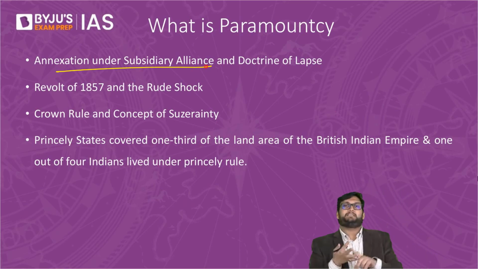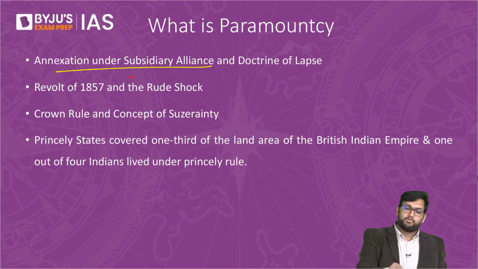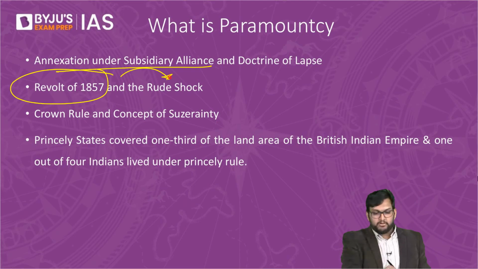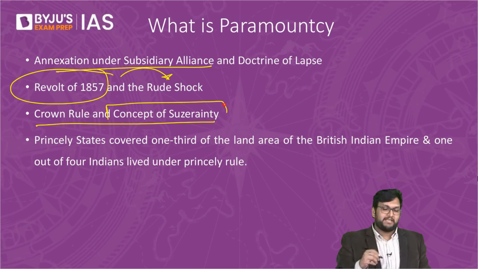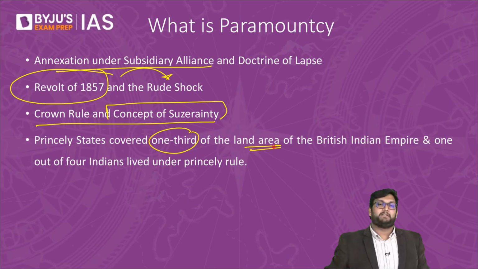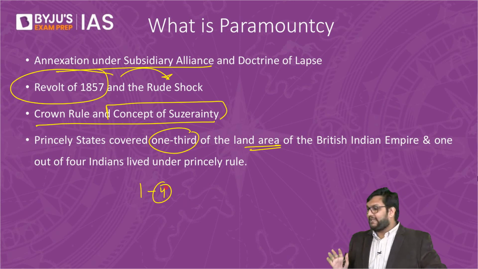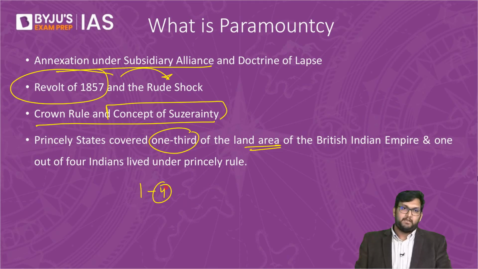Annexation under subsidiary alliance and doctrine of lapse leads to the revolt of 1857, a rude shock. The Crown now introduces the concept of suzerainty. Princely states covered one-third of the land area of the British Indian Empire, and one out of four Indians was under a princely ruler. These areas are indirectly controlled.